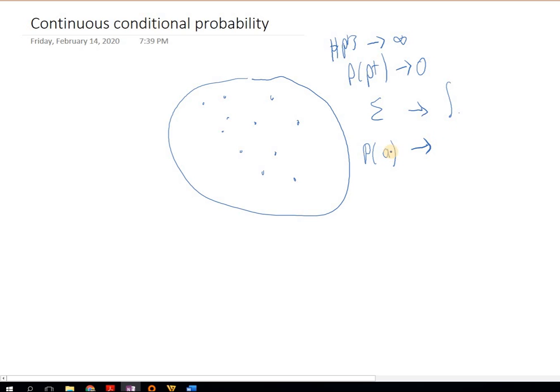Instead, because the probabilities of points is going to 0, this becomes more like p of x dx, right? Where you think of a small region in your sample space as having some probability proportional to the size of the increment that you use here. All right, so we'll be talking more about that.